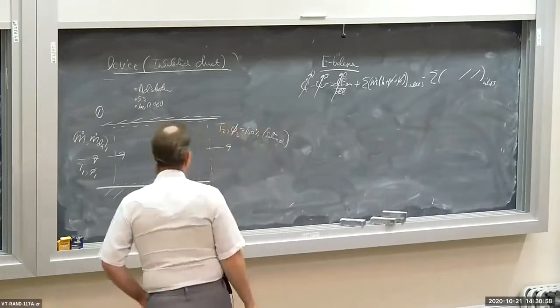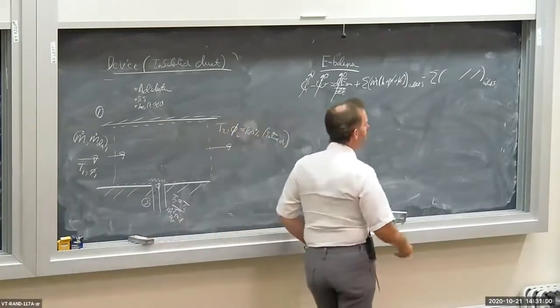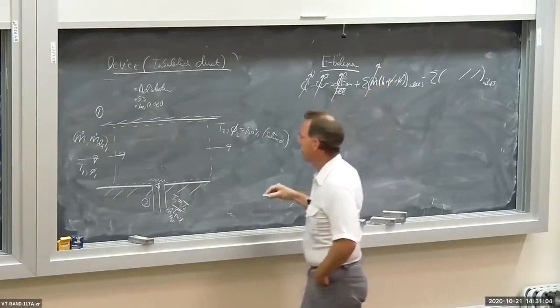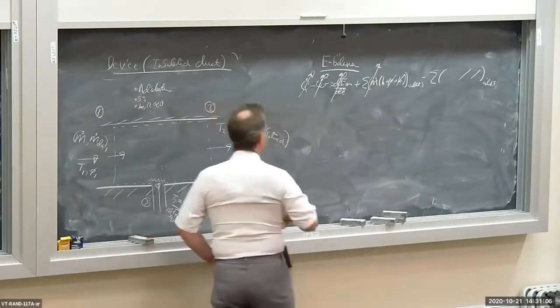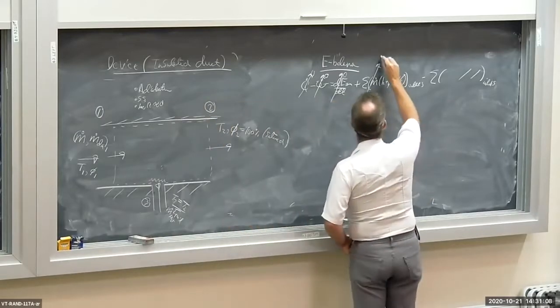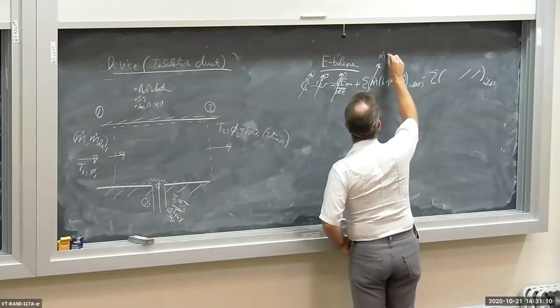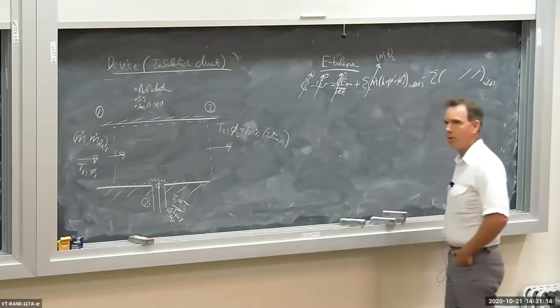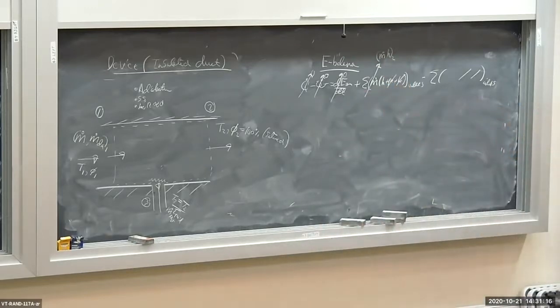Now I have two outlets here. I'm sorry, I have one outlet and two inlets. The outlet is at location 2. So I have m dot for the moist air times H at location 2, okay? By the way, I can rewrite this m dot times H at location 2 in terms of m dot of dry air.